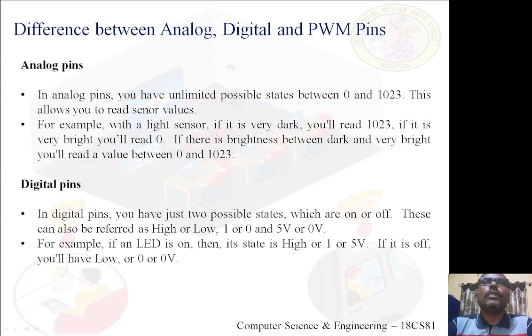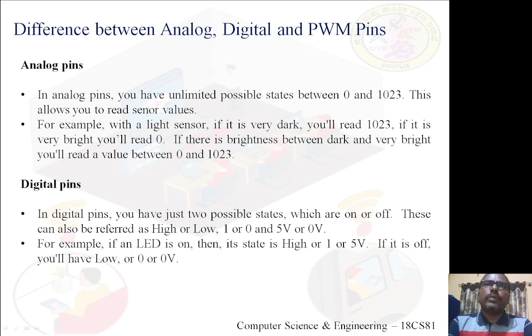Now let us have a look at the difference between analog, digital and PWM pins. Analog pins have unlimited possible states between 0 and 1023, and these pins allow us to read sensor values.